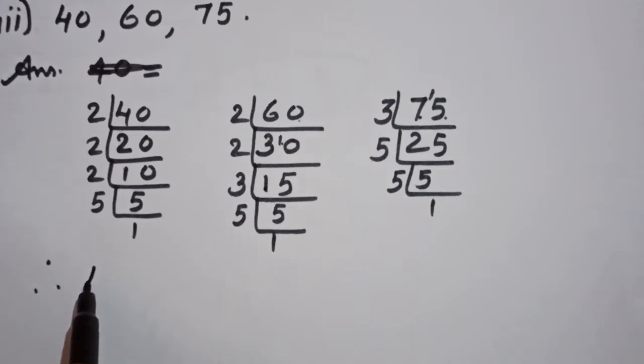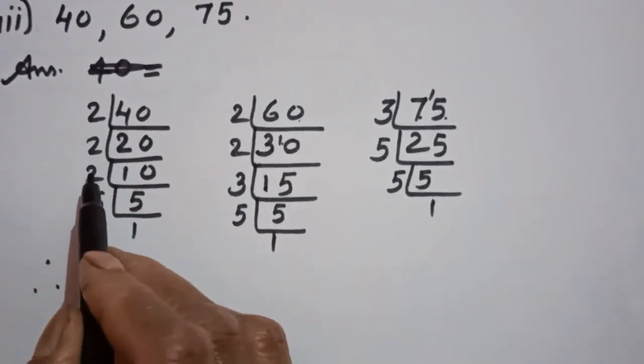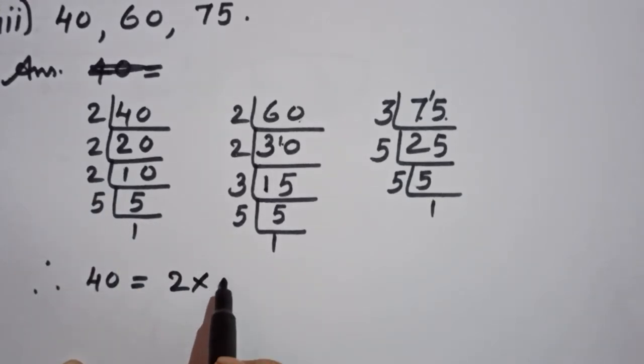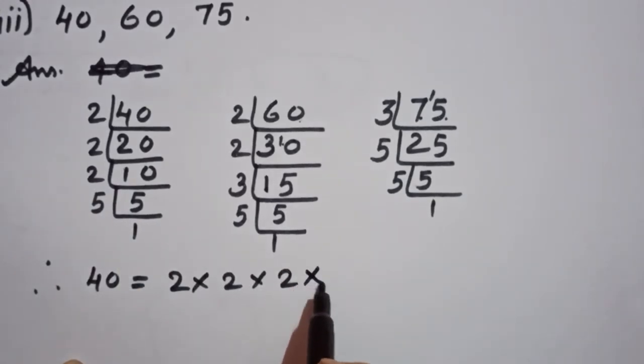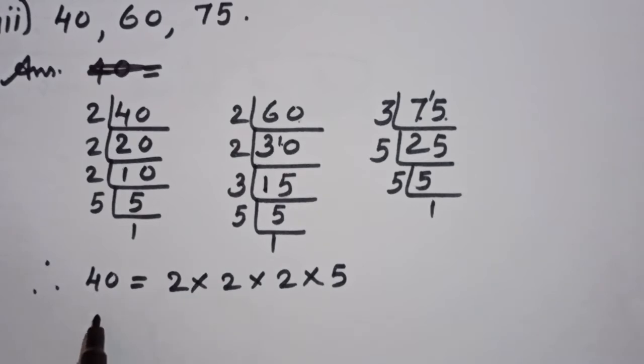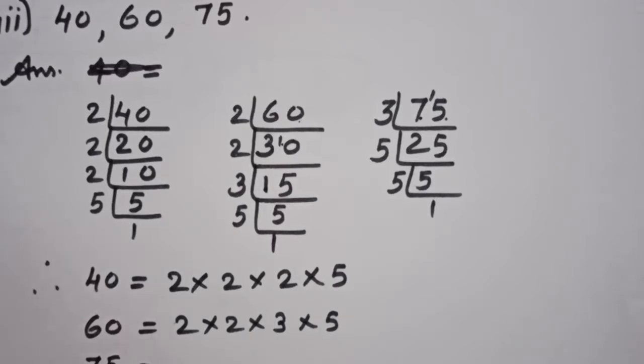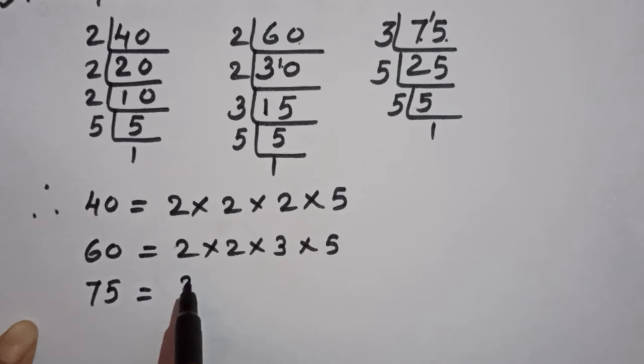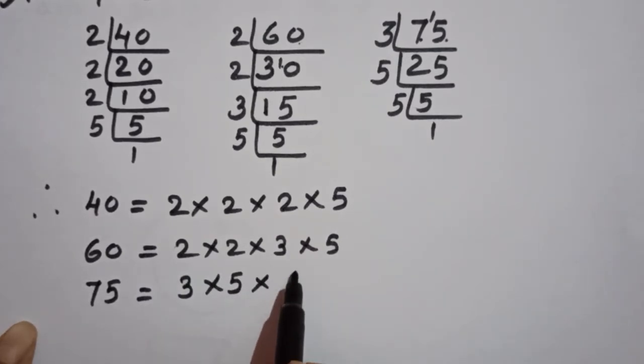Then what we will do, 40 is equal to 2 into 2 into 2 into 5. Now 60 is equal to 2 into 2 into 3 into 5. Then 75 equals 3 into 5 into 5.